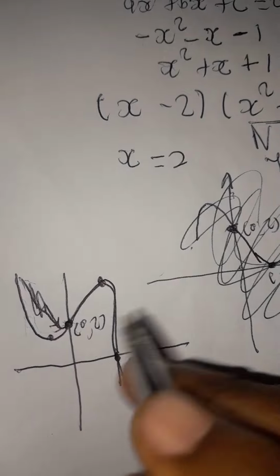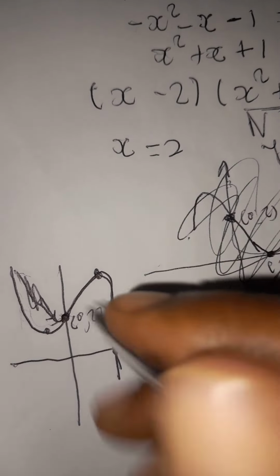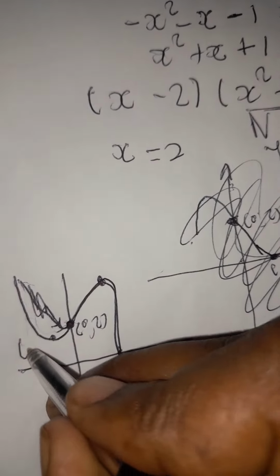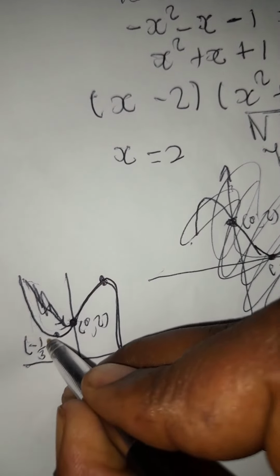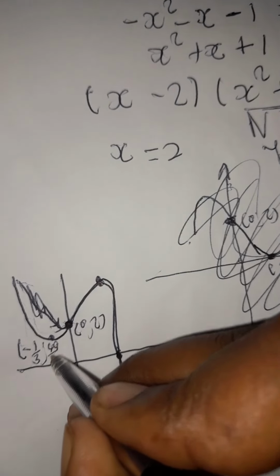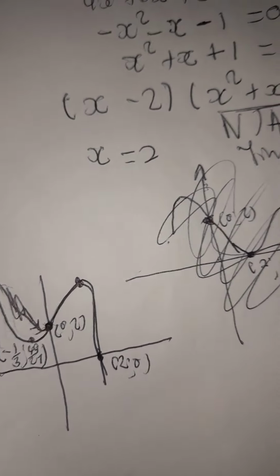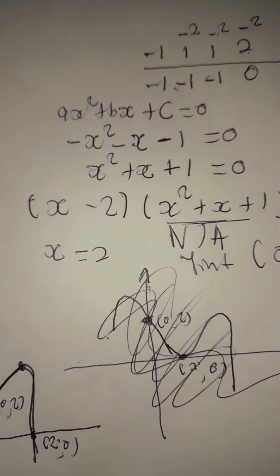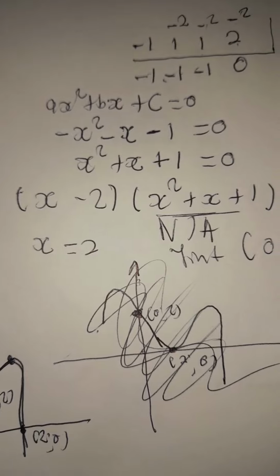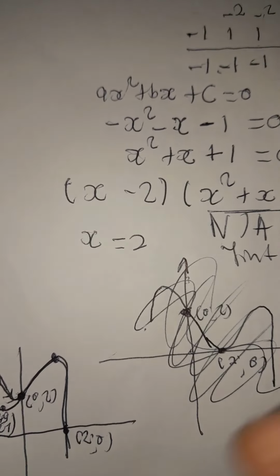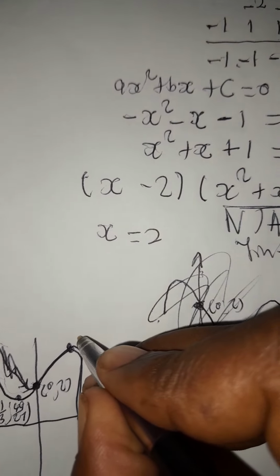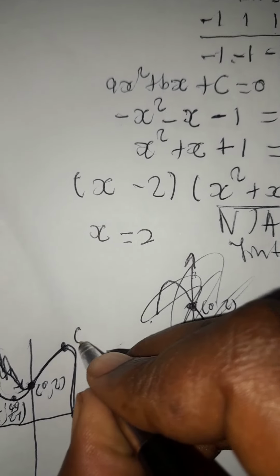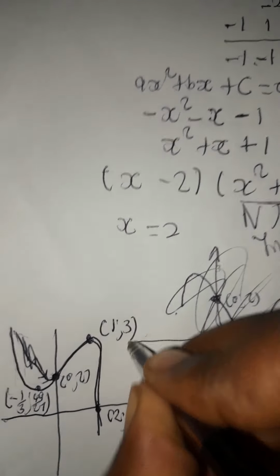Remember that our turning point was negative 1/3 and 49 over 27. Let's go back and see what we had again. The x turning point was 1/3. So we have 1/3 and 49/27.